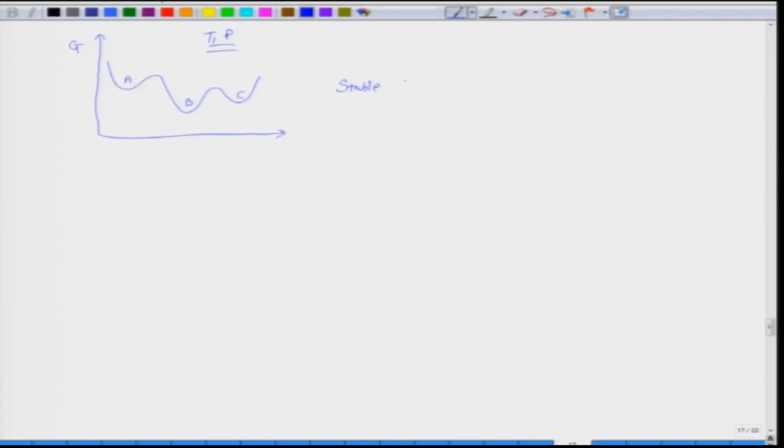So, the stable state here is B. A and C are equilibrium states, right, but they are not stable states. The criteria for stability is the Gibbs free energy has to reach the global minimum, and global minimum here is B. A and C are referred to as metastable states.